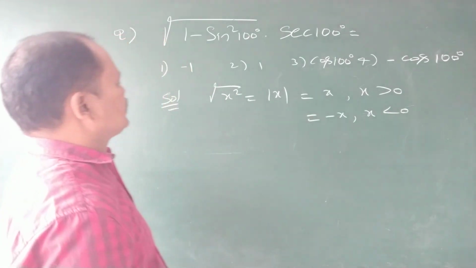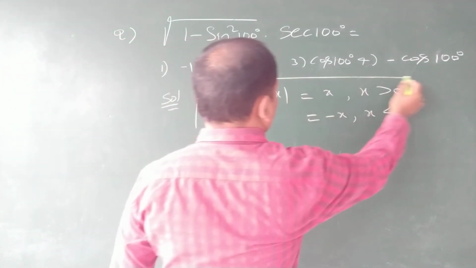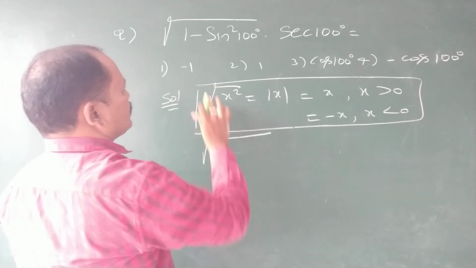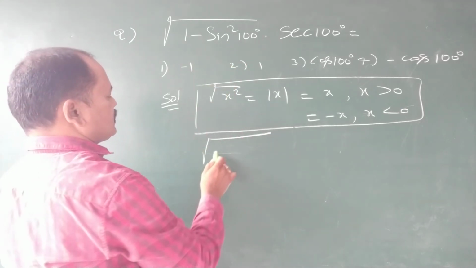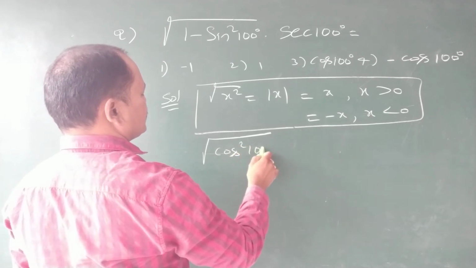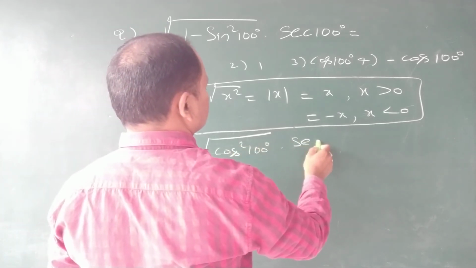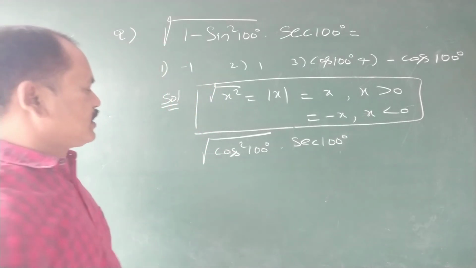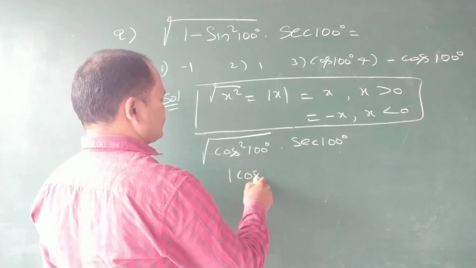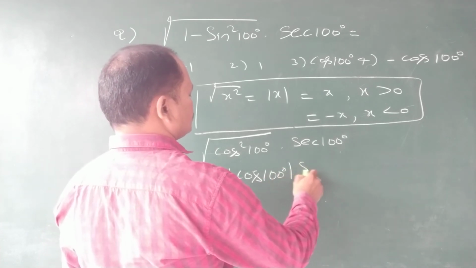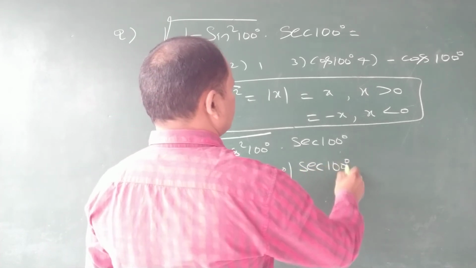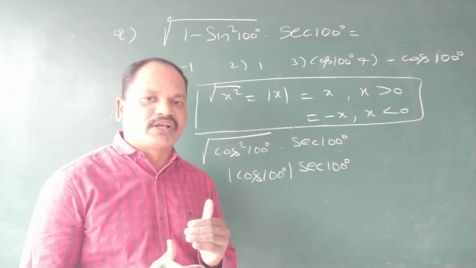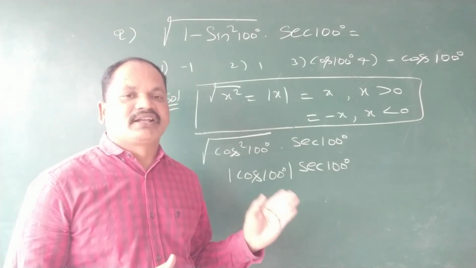According to this concept, square root of 1 minus sin square 100 is nothing but root of cos square 100 degrees into secant 100 degrees. That's why root of cos square 100 is nothing but mod cos 100 into secant 100. Now we have to concentrate on the angle. What is the angle there? 100 degrees.